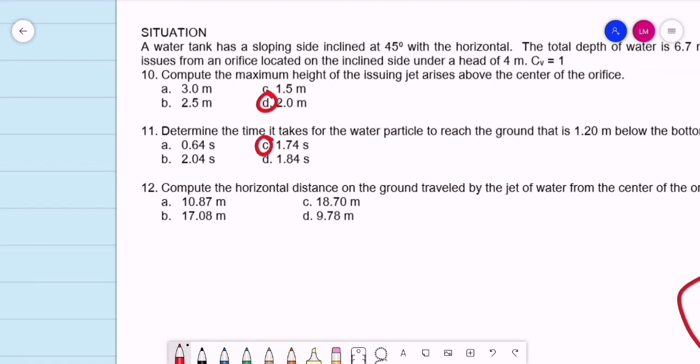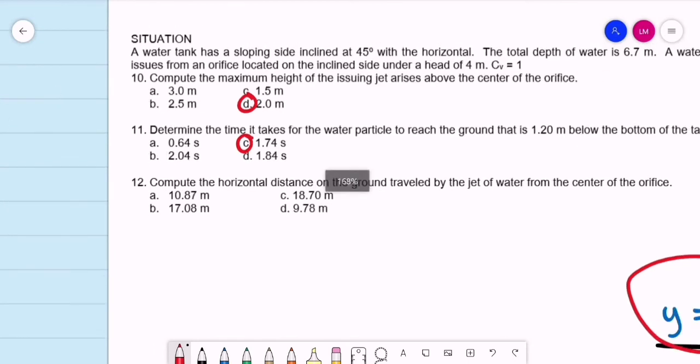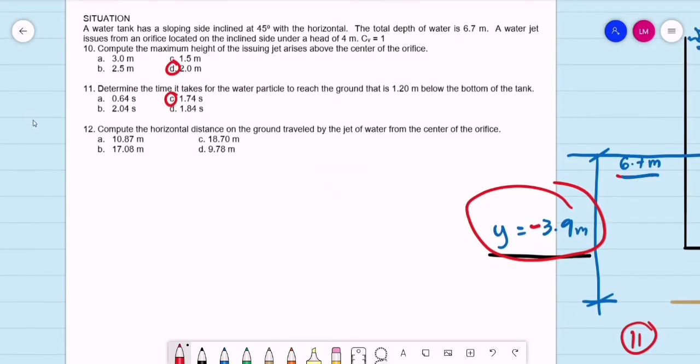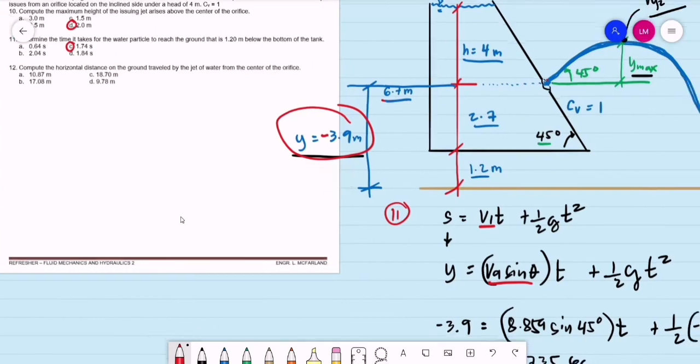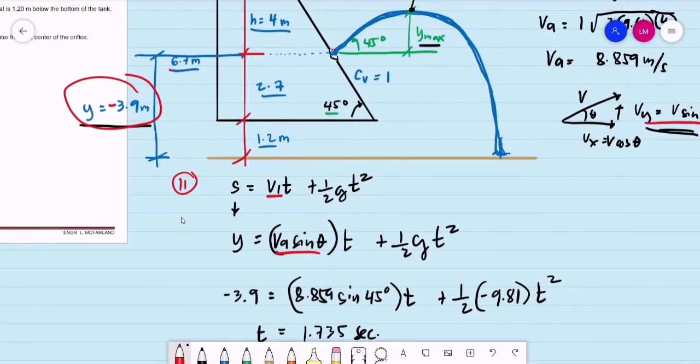1.74. Number 12. Compute the horizontal distance on the ground traveled by the jet of water from the center of the orifice. So, mula dito sa center of the orifice, papunta dito sa kanyang final point. Sabihin natin x. Or basically, ito yung range.